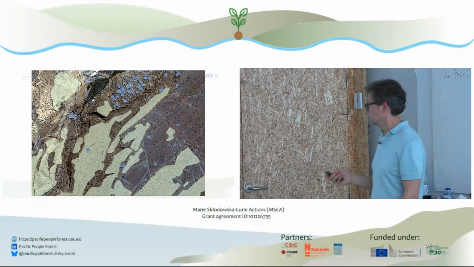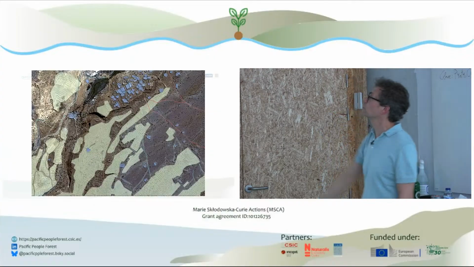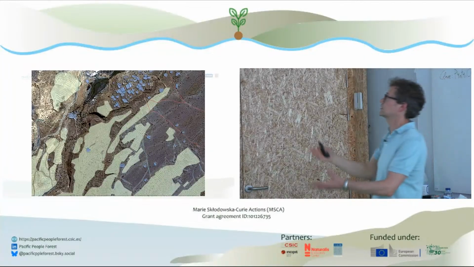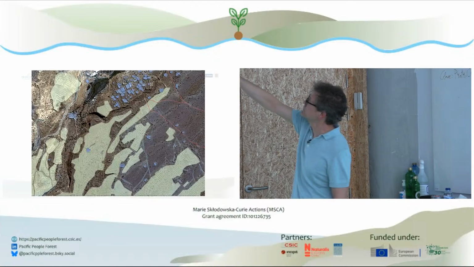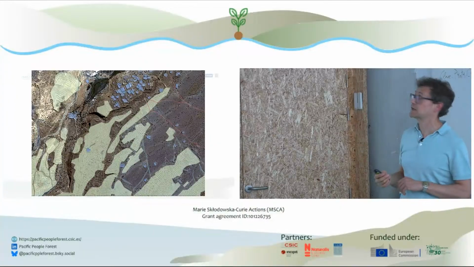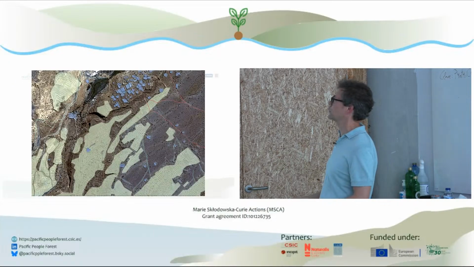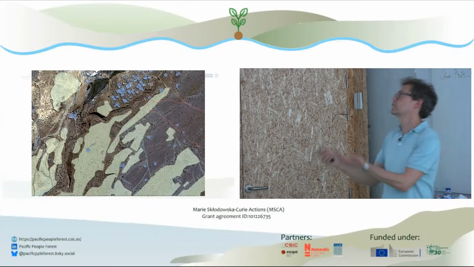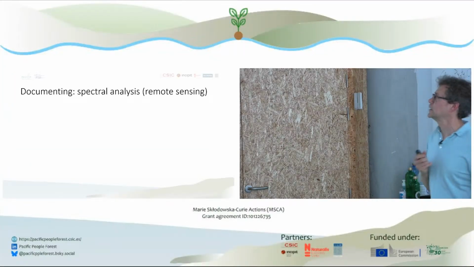So we have fields in yellow, in purple the constructions like houses and storage areas, and these dotted red lines are remains of ancient irrigation canals. We know that because we have been walking in this area and have been able to identify how these things look in the images.